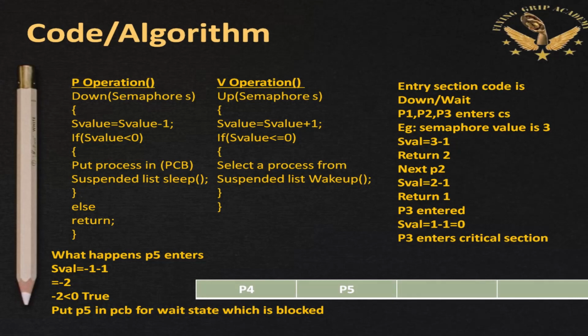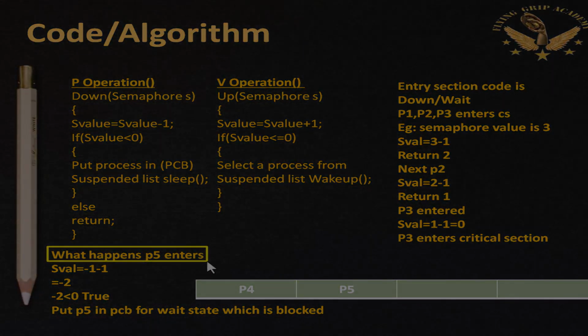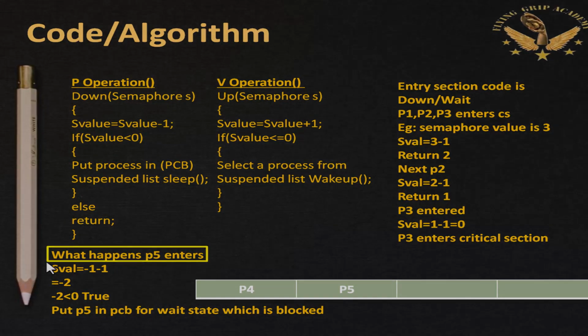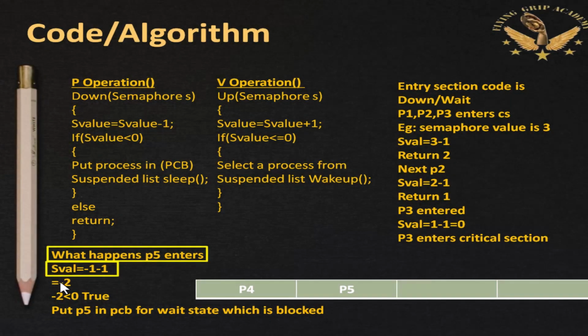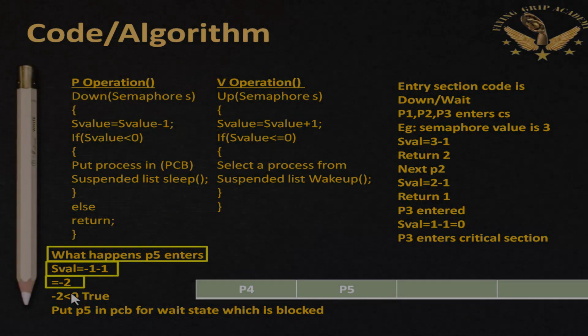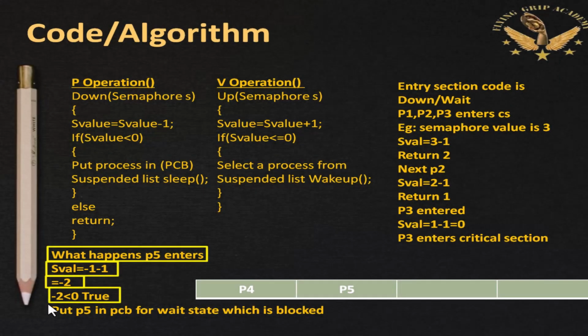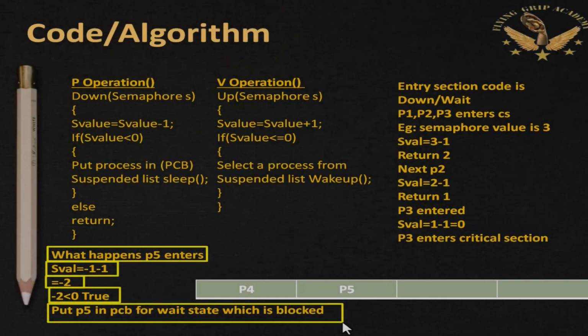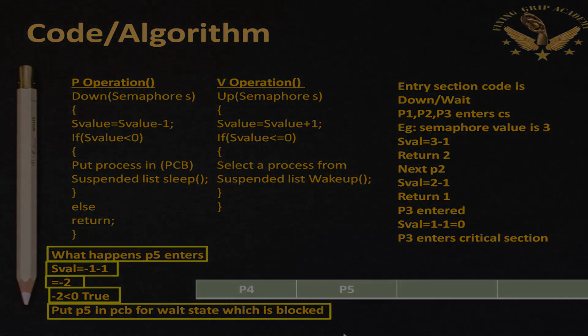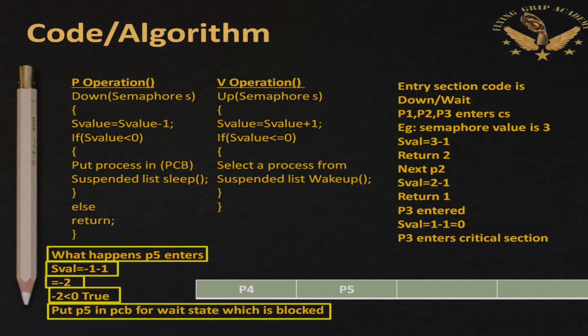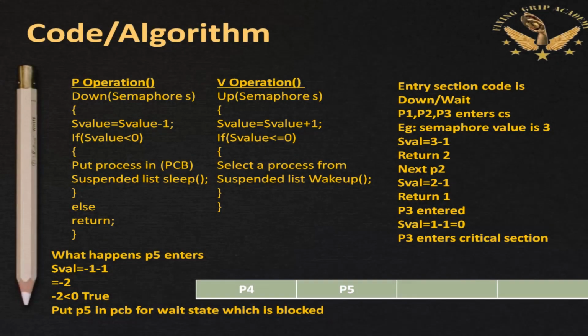Next, for example, P5 enters. If P5 is going to enter, here the value becomes minus 1, then minus 2. Minus 2 is less than 0, which is also true. So what we are doing is putting P5 in the PCB wait state, which is blocked. So P5 will also be in the blocked state.